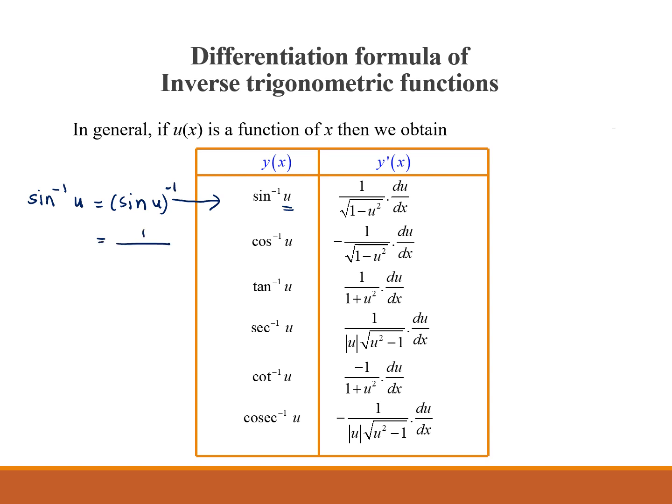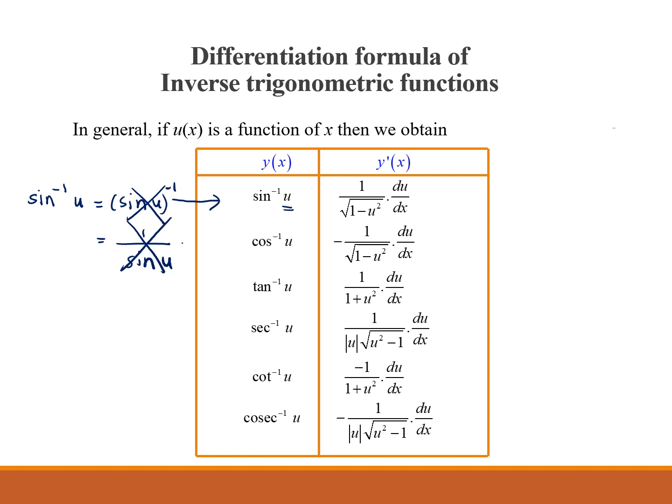So it is not 1 over sine u. This is the wrong concept. So in future, if you have to find the derivative of sine inverse of u, it means that it has its own formula to find the derivatives.